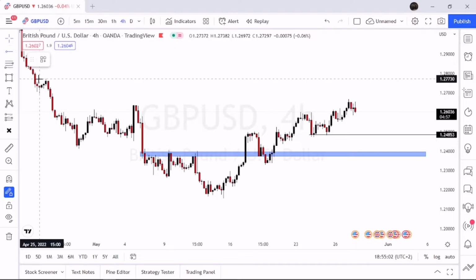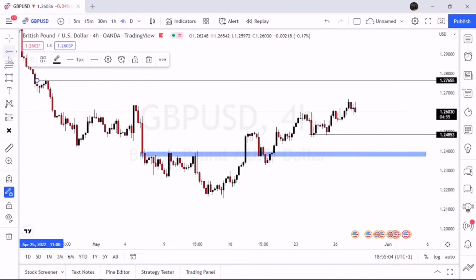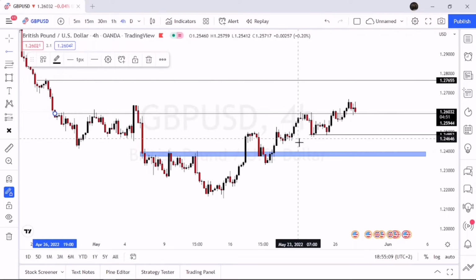And then we also had this prediction, and we also had this high. And the market, I believe, was around here when we analyzed the chart the previous time, right?